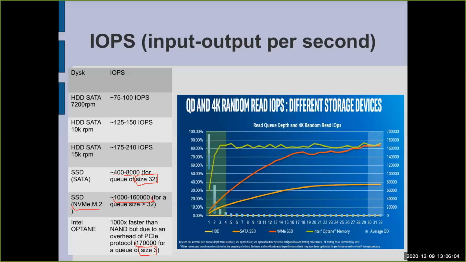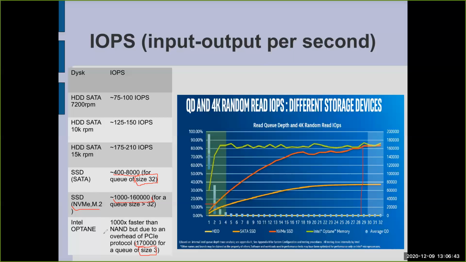But you can see that if we don't have many requests per second, the performance of the SSD decreases. For example, if we have 2 requests, the performance is less than 20%. But if we have 32 requests, the performance of the SSD grows.